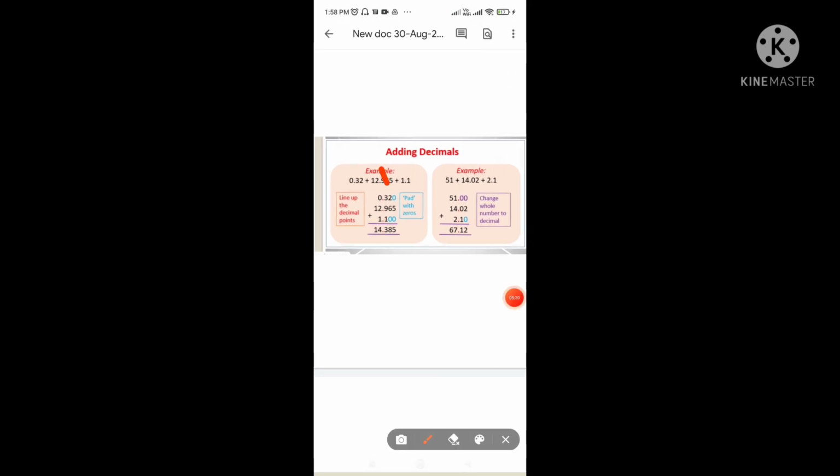Next, you come to the hundredths place. What do you have there? 2, 6 and 0. So we add 2 plus 6, 8. Then 8 plus 0, 8.